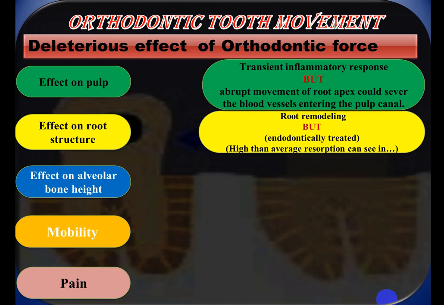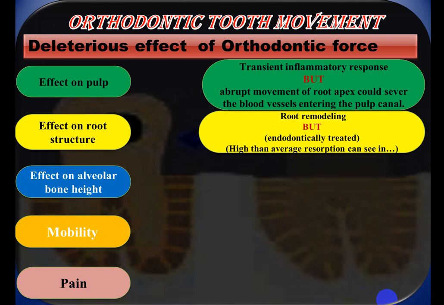So there will be activation of the cementoclast cell and also the cementoblast cell. The cementoclast will cause resorption of the roots, and then the cementoblast cell will cause repair of this root by root remodeling, and this is a normal feature if the tooth is moved orthodontically.